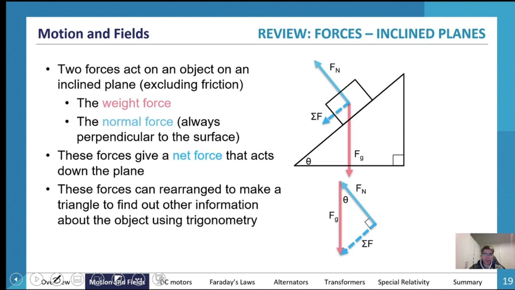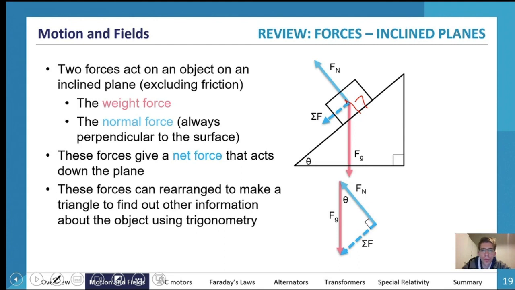Now back to inclined planes. VCAA will always ask you guys how to draw forces on an inclined plane. When VCAA asks that question, what they are specifically looking for is you drawing the normal force perpendicular to the plane on which the object is standing, to that surface.